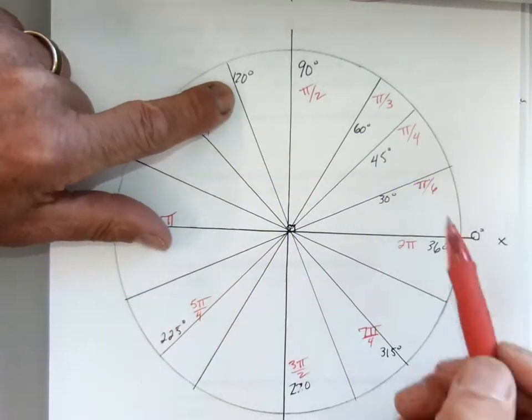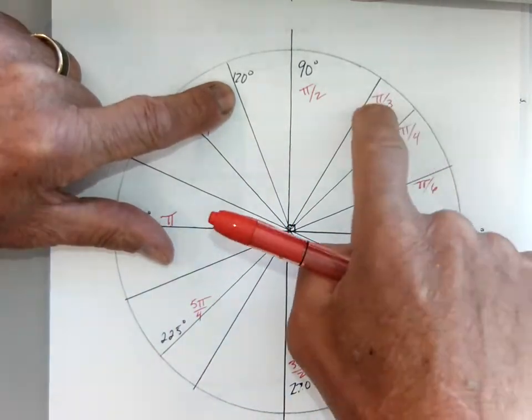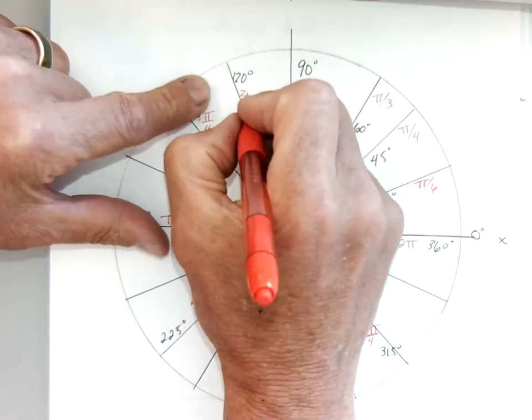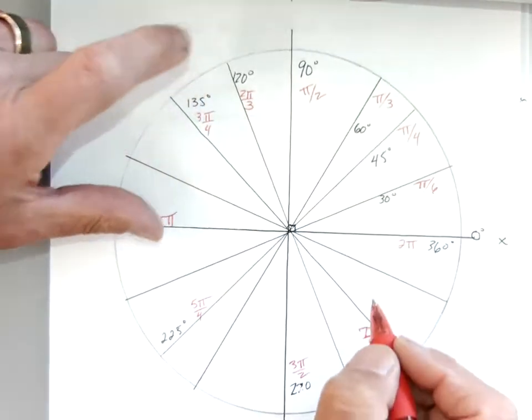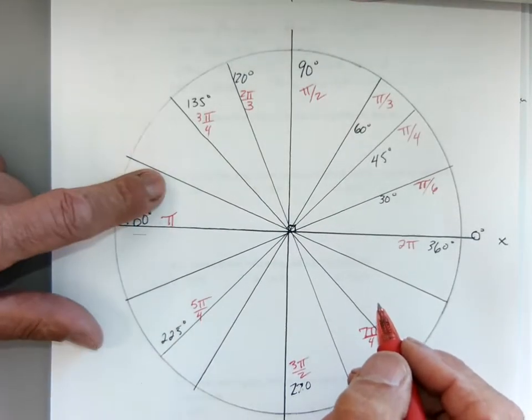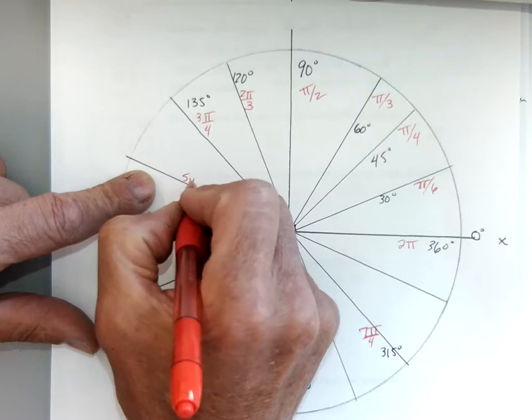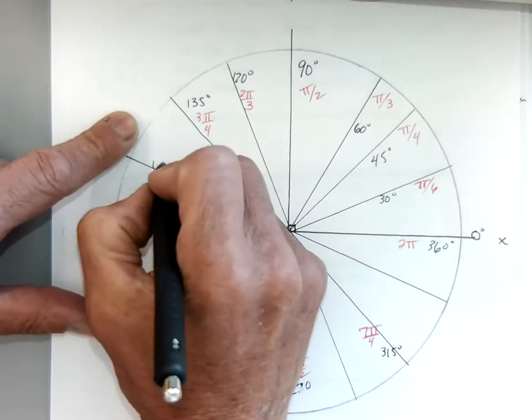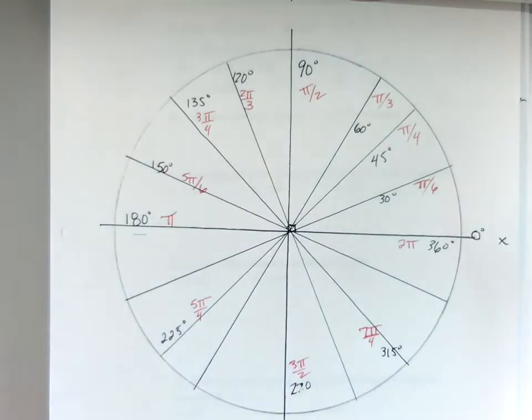So this is going to be, ready? 1/6, 2/6, 3/6, 4/6, which is 2 pi thirds. This is going to be 5 pi sixths, which is 150 degrees, okay? Same angle, two different names.